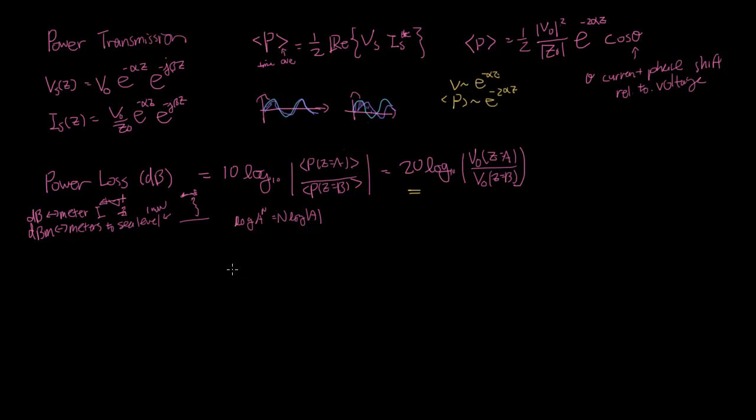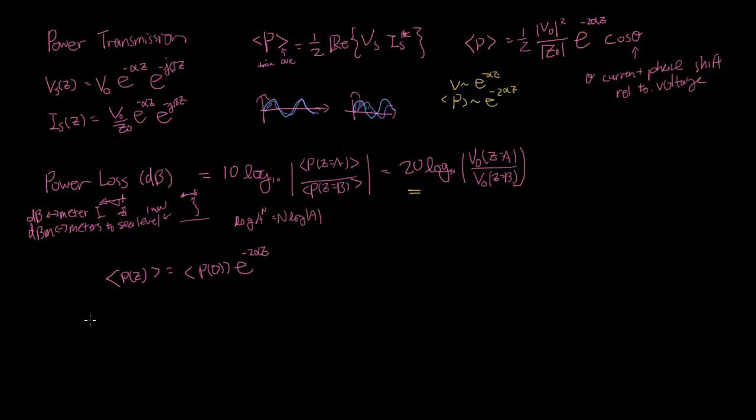The last thing for this topic that I want to leave you with is a useful rule of thumb. Say your power level at a location, if you're comparing it to z equals 0, would be the power level at z equals 0 and then this e to the minus 2 alpha z decay.